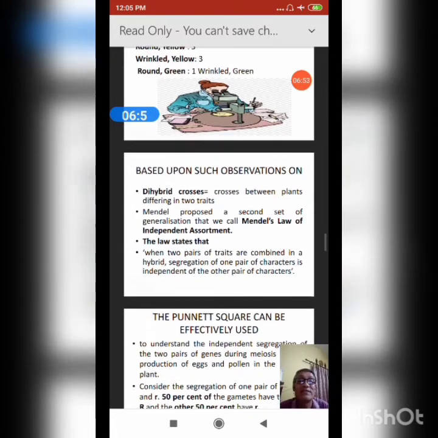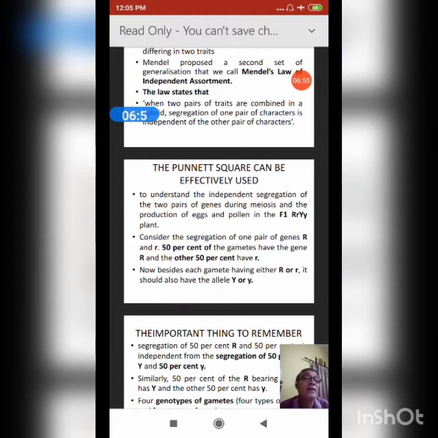So let us explain in the light of the Punnett square. The Punnett square can be effectively used to understand the independent segregation of two pairs of genes during meiosis and the production of eggs and pollens in the F1 capital R small r, capital Y small y plants. We consider the segregation of one pair of genes, capital R and small r: 50% of the gametes have capital R, the other 50% small r.